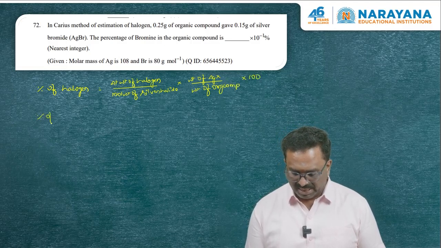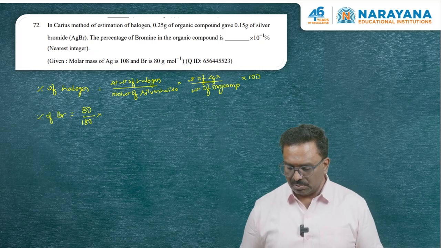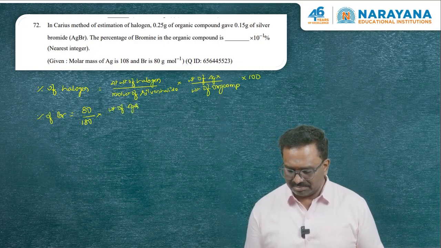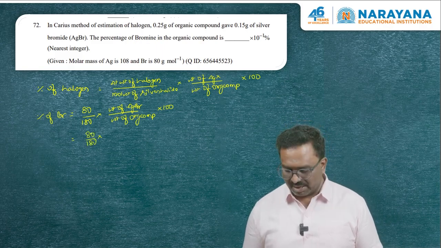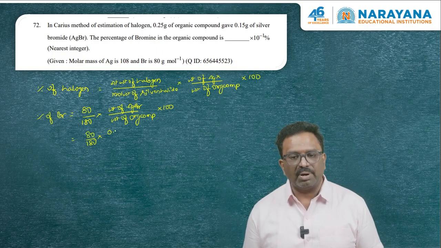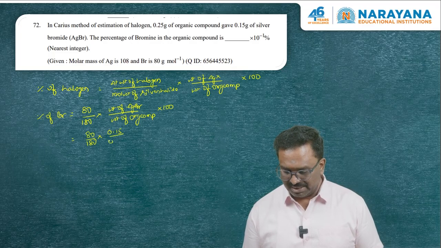Now for the bromine, percentage of bromine, bromine atomic weight is 80 by 188 into the weight of silver bromide by the weight of organic compound given into 100. So this is 80 by 188 into 0.15 by 0.25 into 100.